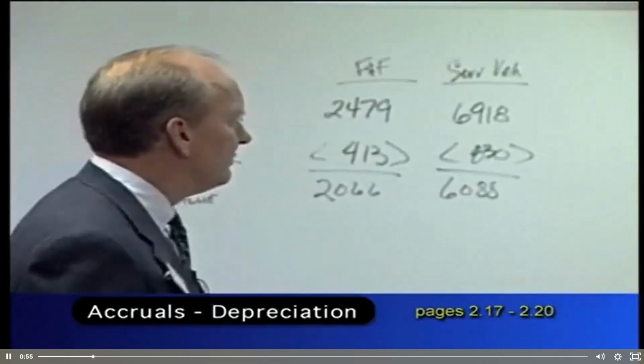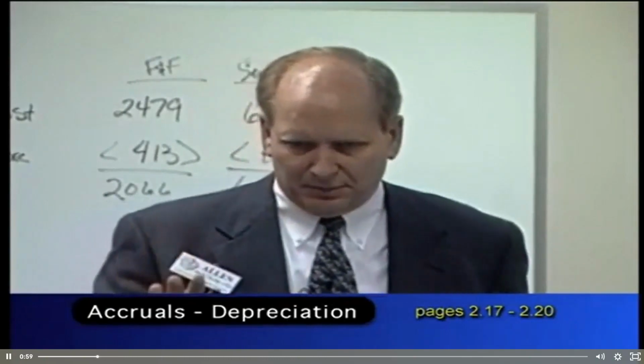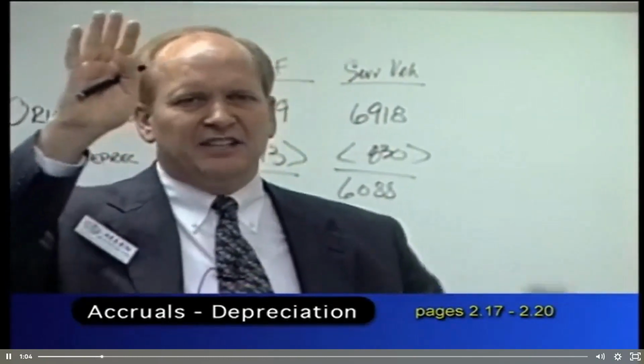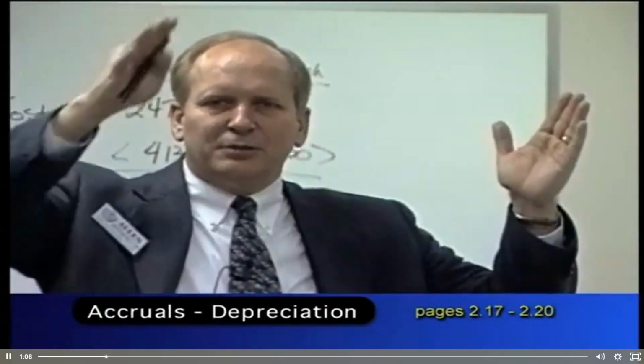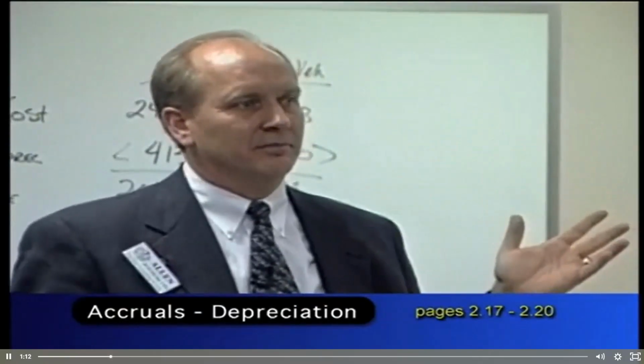Now, straight line is very simple. This is the simplest of all methods. It's taking the original cost and dividing it by a fixed period of time, and then each period taking its proportionate portion of that time.